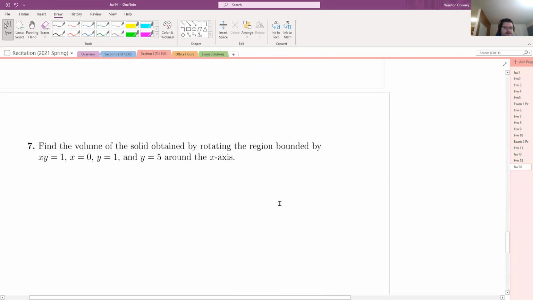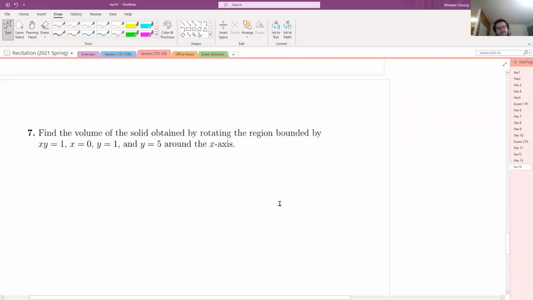All right, let's go to the next problem. So we have xy equals 1. If you don't know right off the bat, you can solve this for one of the variables.